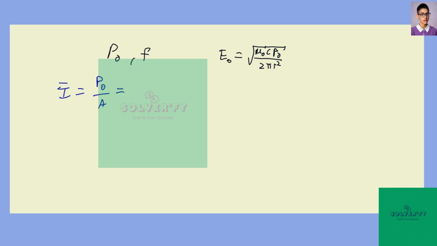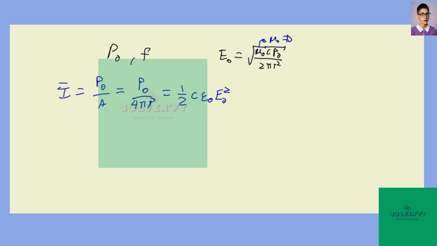And we know that, thanks to the hint, the A is 4 pi r squared. And that is equal to 1/2 times c times epsilon naught times the peak E field squared. And in the final answer here, we see that we have a mu naught, which is related to epsilon naught.